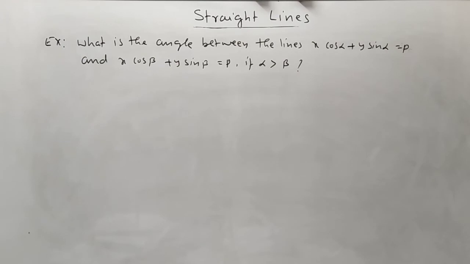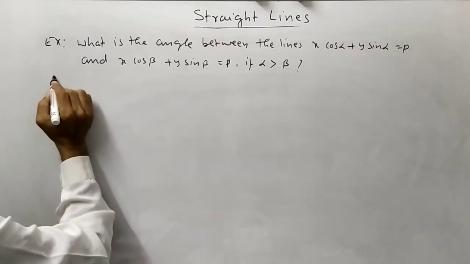Next question. What is the angle between the lines x cos alpha plus y sin alpha is equal to P and x cos beta plus y sin beta is equal to P if alpha is greater than beta? Solution.